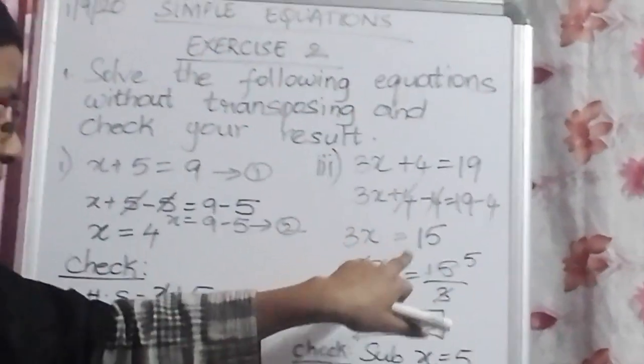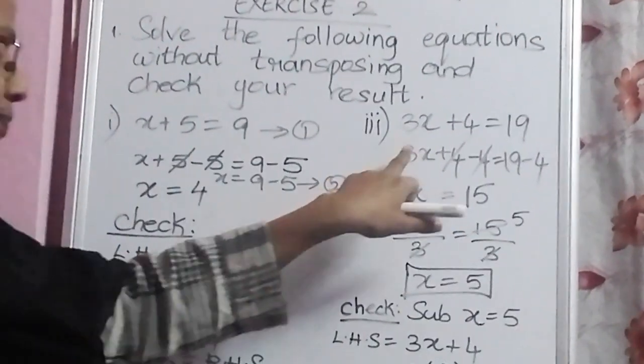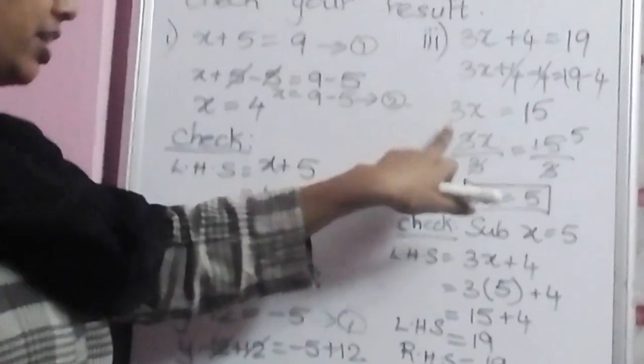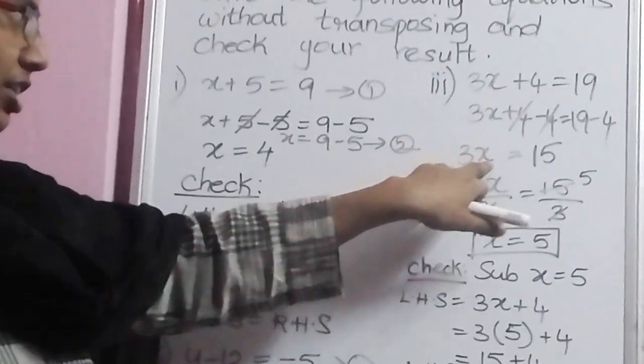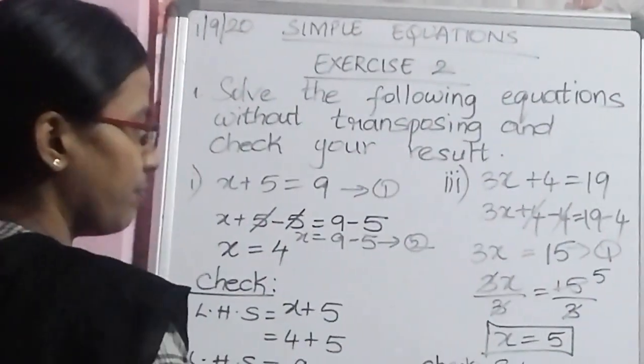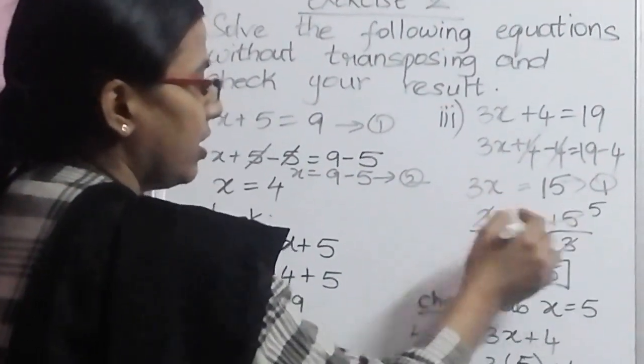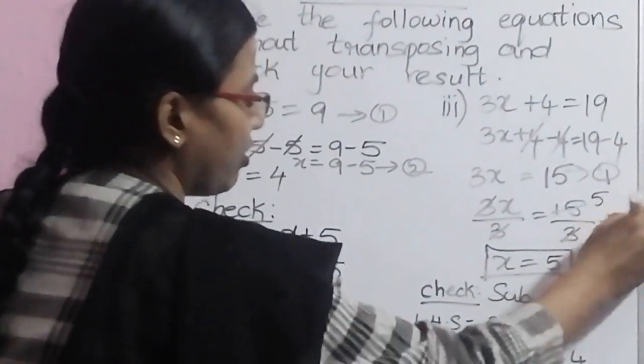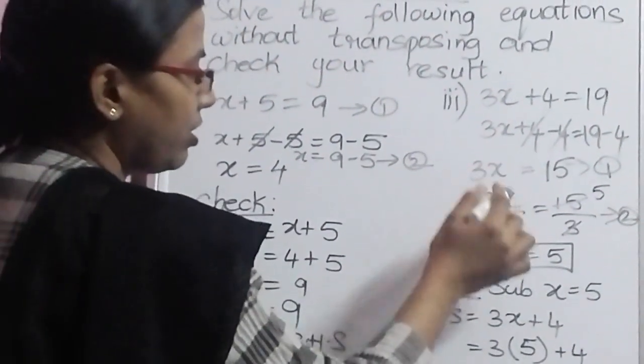So next, let us see. This is the same concept where plus became minus. Then here when multiplication is given, if this is the first statement, 3x, then the second one is where you divide with 3.